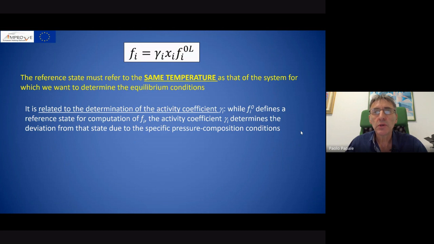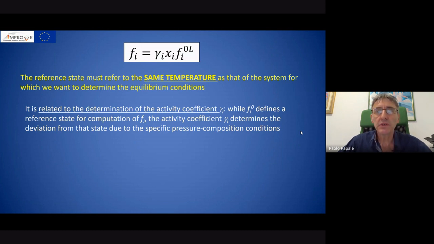They concur to the definition of fugacity, which is determined from a reference state F0, which I just said is defined at system temperature, plus a deviation from that reference state described by the activity coefficient gamma, which accounts for the specific conditions of pressure and composition, in general different from those of the reference states. We will explore the activity coefficient in the next lessons.